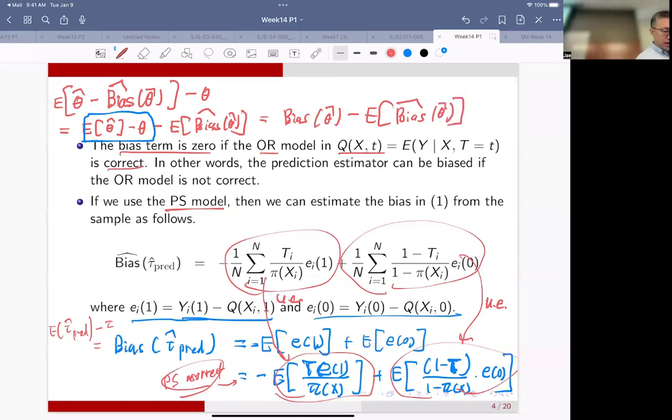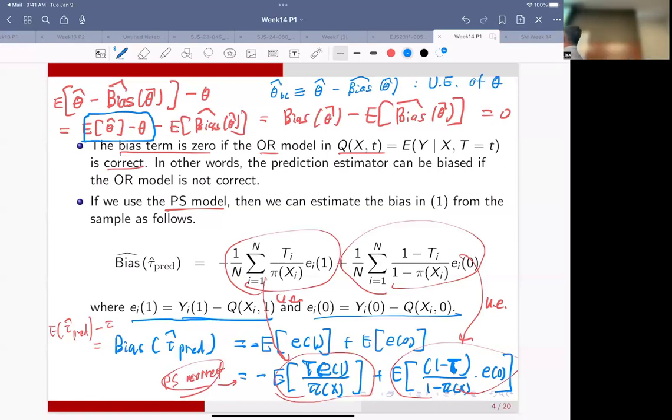So that means this bias estimator is unbiased for the bias, so that is indeed 0. That means this bias-corrected estimator, defined by zeta hat minus the bias estimator of zeta hat, is always an unbiased estimator of zeta.